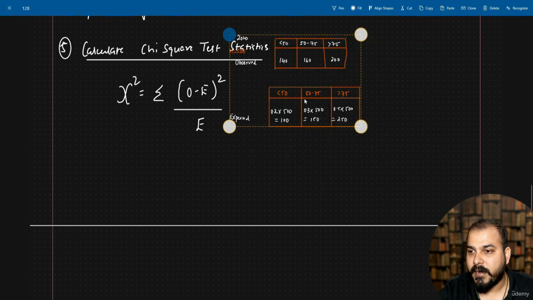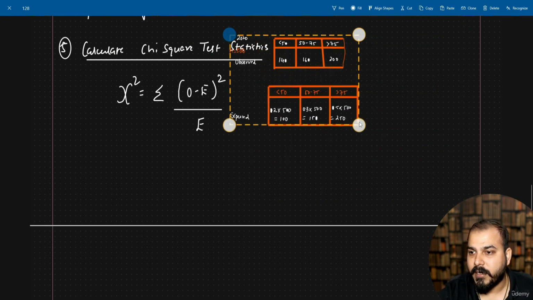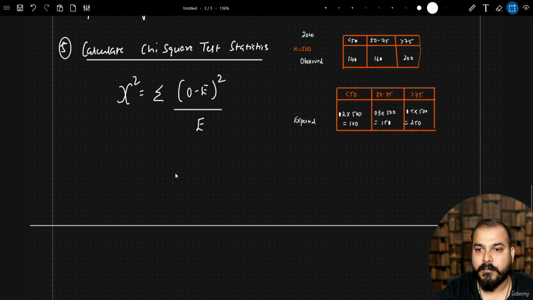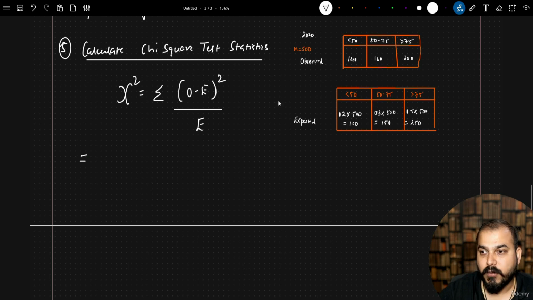I'll make it a little bit small so that we'll be able to see the data properly. So here is my data. Now with respect to this, I will go ahead and do this. Understand this value is observed. This value is expected. So I'll write summation.